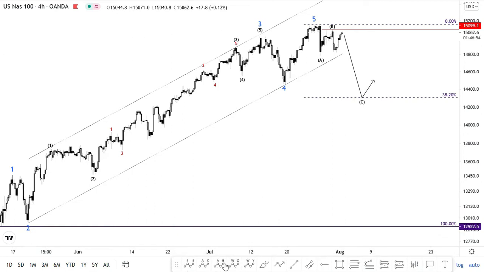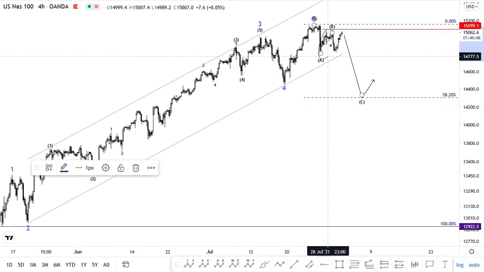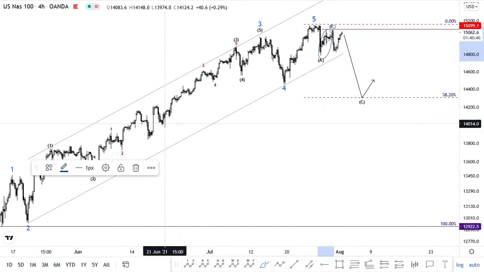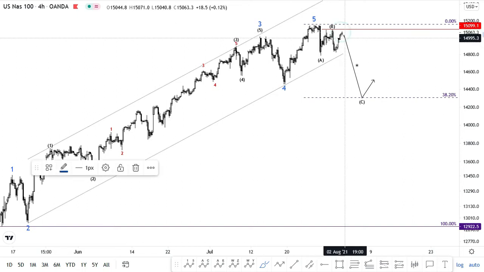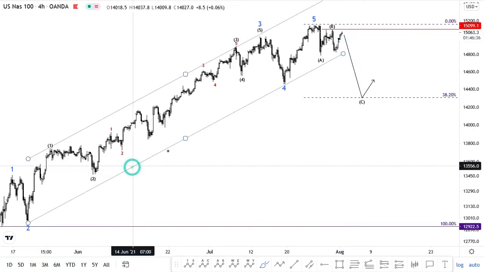To begin with Nasdaq, we've been expecting a fall from this choppy price movement, and I still believe that we are yet to see price fall on Nasdaq ahead of this week.